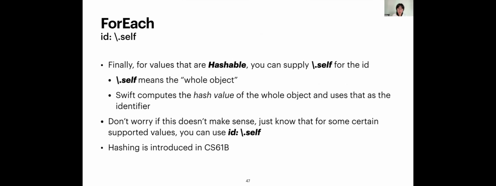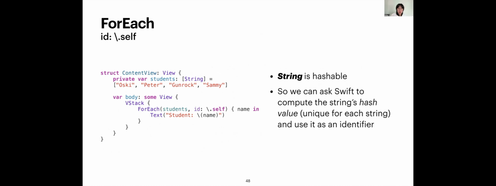Don't worry too much about the details of hashing. If you've taken 61B, you will learn all about it. Just know that for simple types like strings, id: \.self works great. So in our original example with an array of strings, since String is Hashable, we can use id: \.self, and Swift uses each string's hash value as its unique identifier.